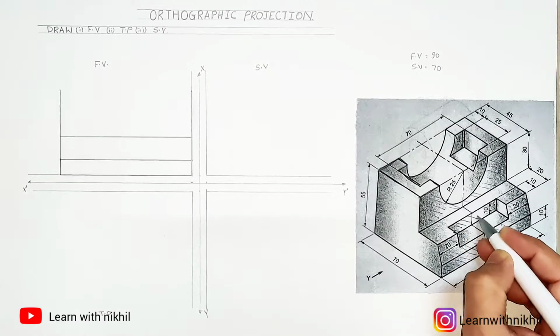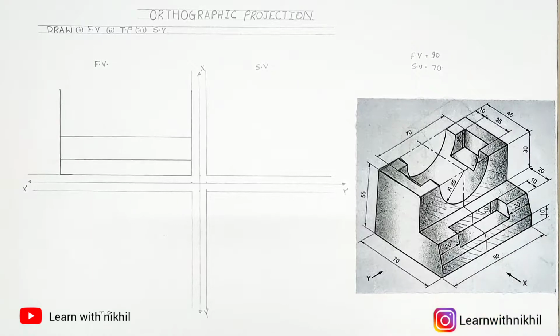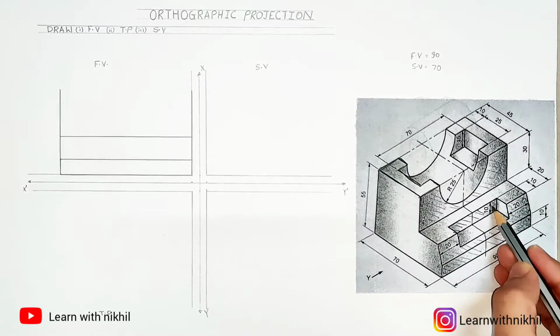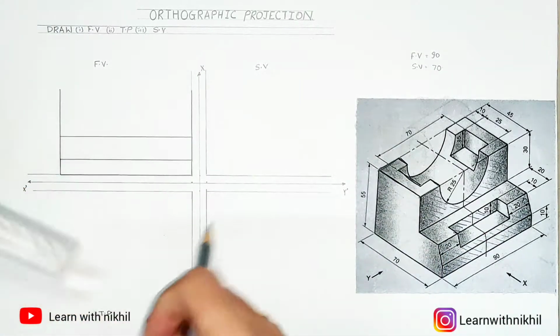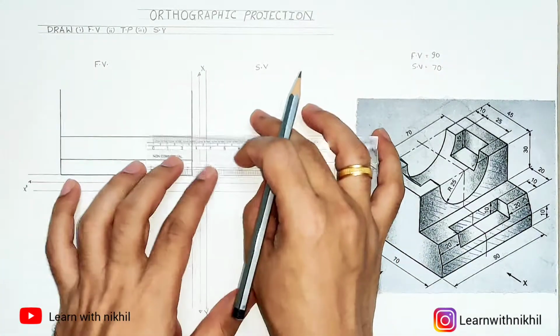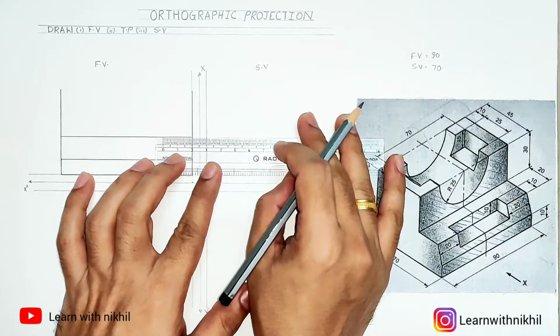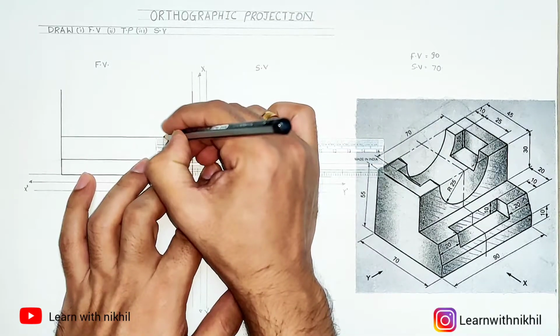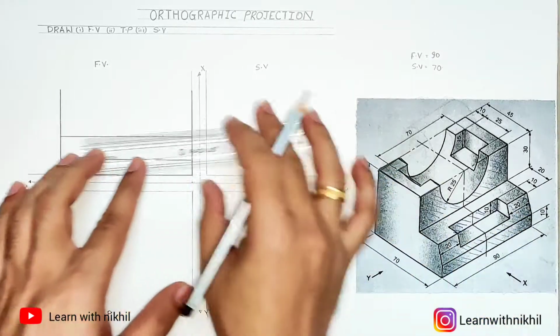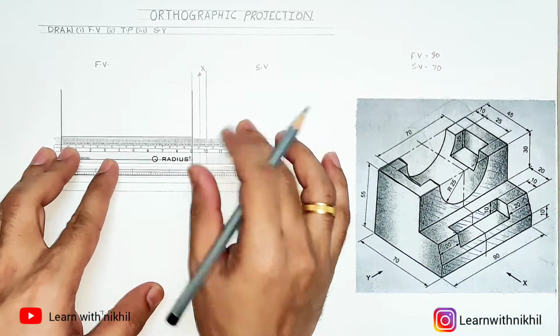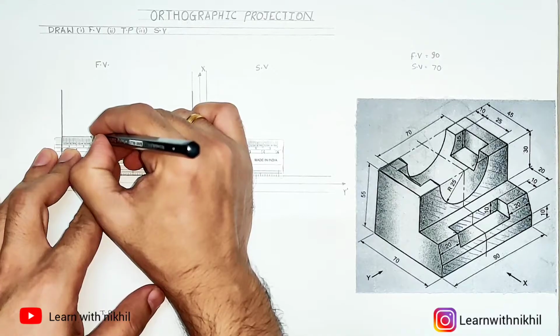Now this middle rectangular shape, this part is also visible from the front view. This middle rectangular shape is at a distance of 20 millimeters from both the sides. So from both sides, I'll mark point at 20 millimeter. So this is this distance, and from the other side 20 millimeter as well.